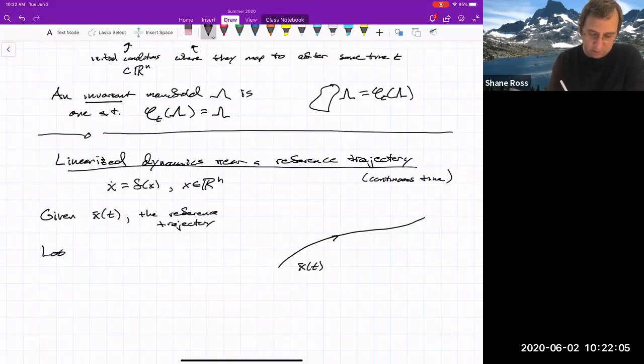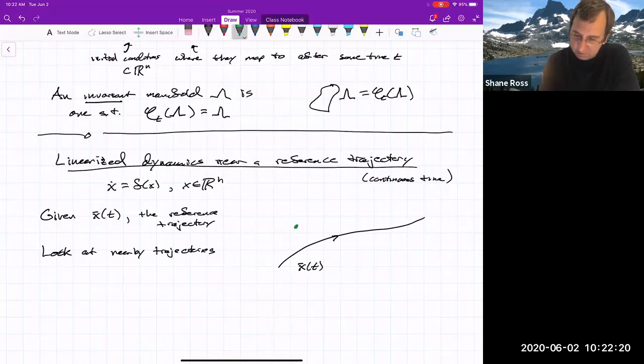We want to look at nearby trajectories. So nearby would be, here's some other trajectory. Actually, here's some initial point on it. What happens to this other trajectory?